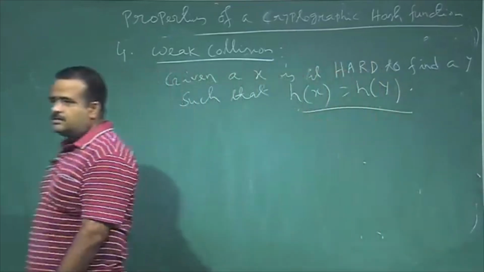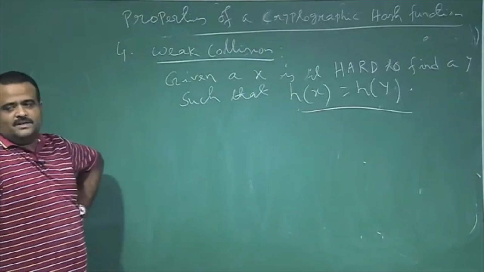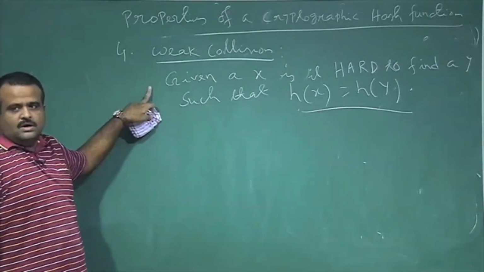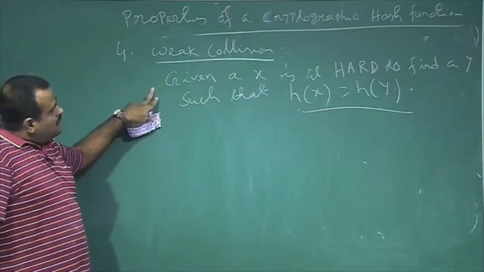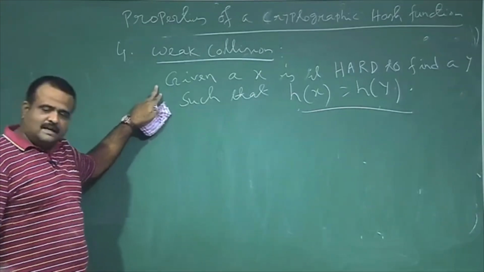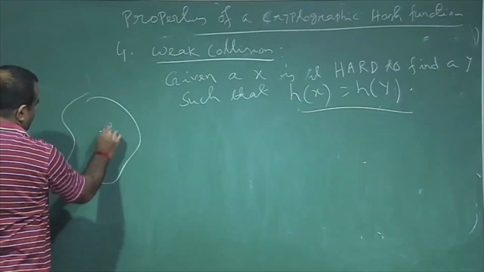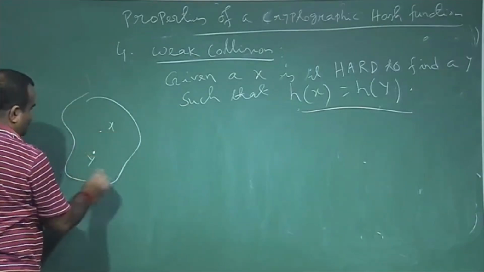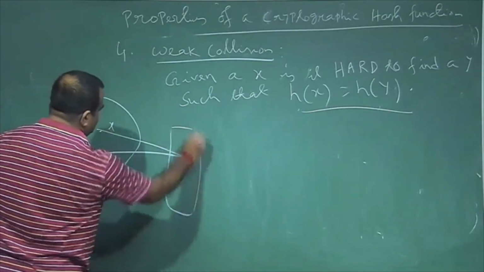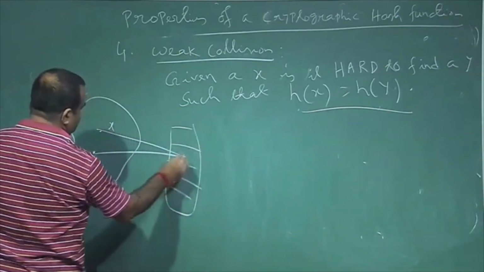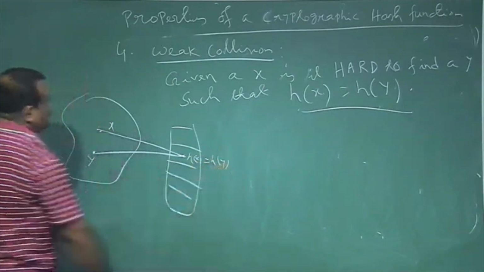Okay. So, this is called the weak collision property, and if a hash function satisfies up to this, then it is called a weak hash function. This property is telling that given x in the domain of the key space, it is hard to find a y such that they are colliding, so h of x equals h of y. Okay.